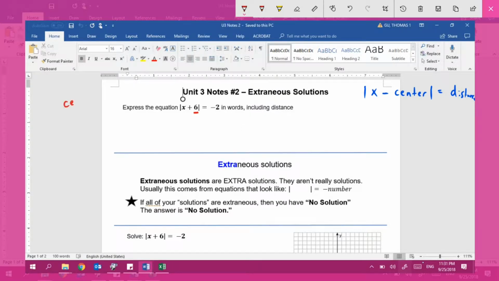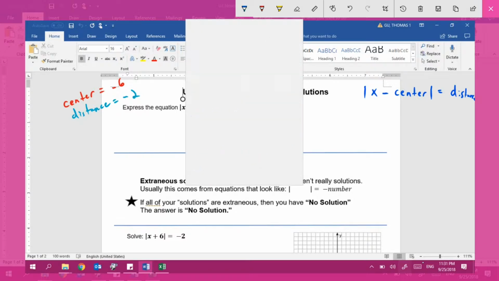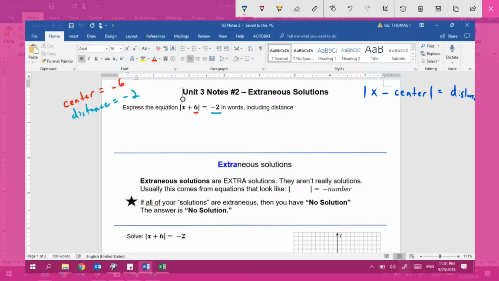I'm going to write that off to the side here. Center equals -6. And then our distance we can see is right here, -2. So distance equals -2. If we wanted to express this equation in words now that we know the center and the distance, we're going to write it like this.